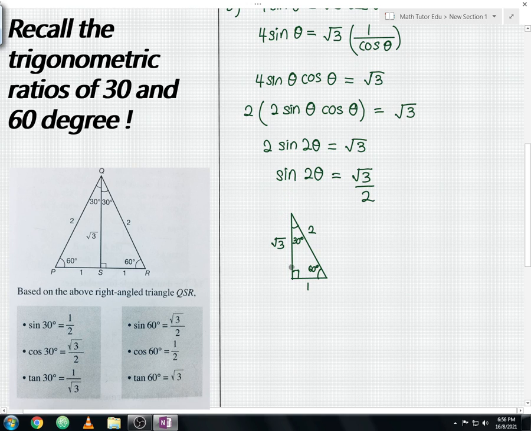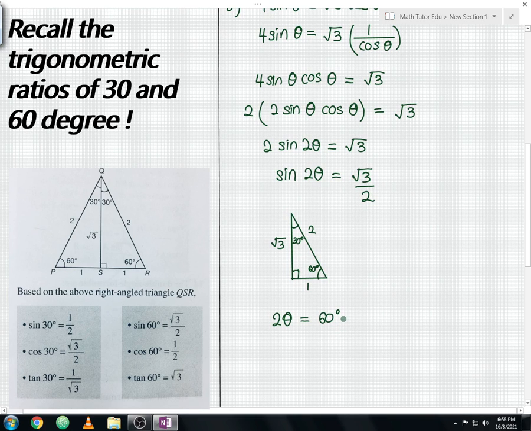This is your opposite, in this case square root 3, and this is your hypotenuse, which is 2. Which angle corresponds to this opposite over hypotenuse? This 60 degrees. So this is the first value you can obtain. From here, 2 theta will be equal to 60 degrees.